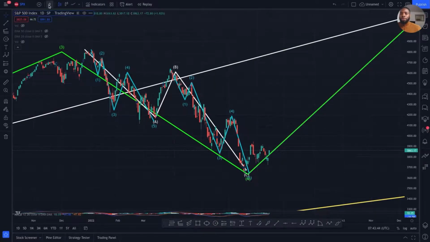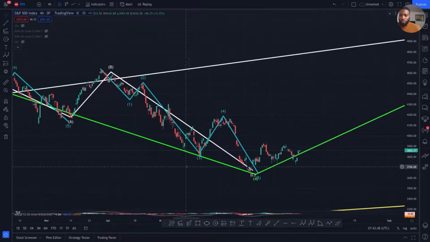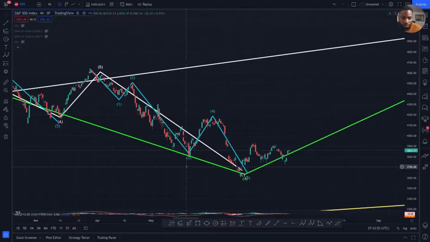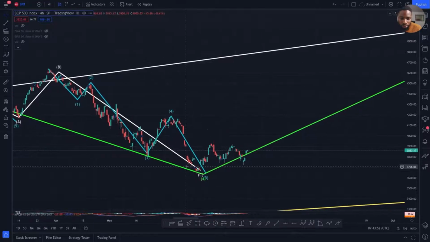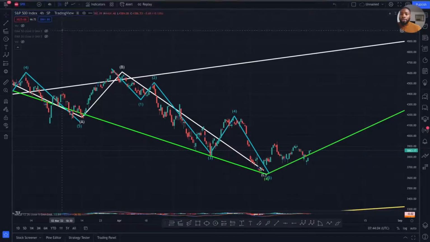So we'll go to the 4 hour time frame. I still can't see much information, but you can see the gap in the market. What I usually do is also make use of Heiken Ashi.